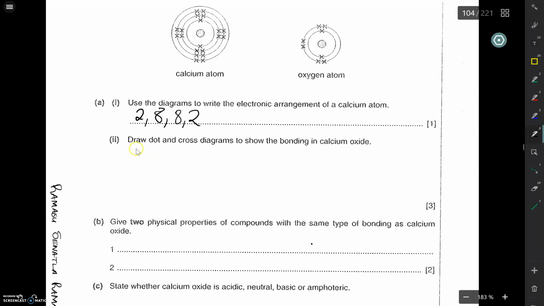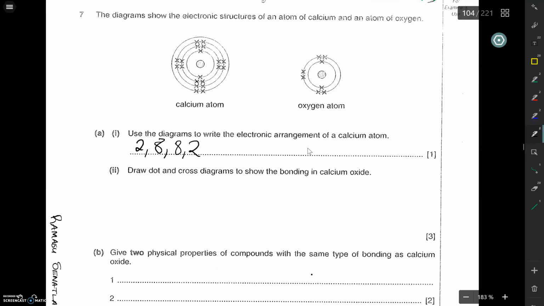Okay. So part 2 says draw dot and cross diagrams to show the bonding in calcium oxide. Well, calcium oxide is an ionic compound.